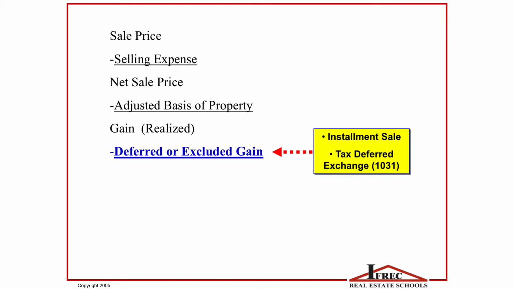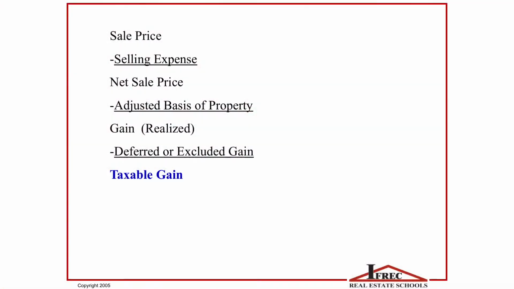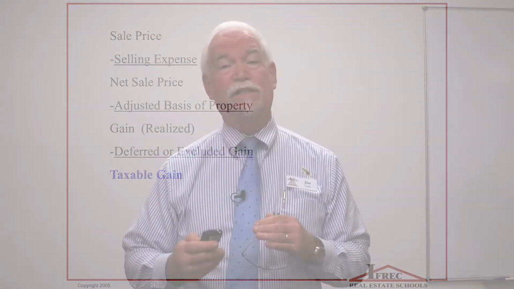More commonly, you will hear people describe it as a 1031. Please tune into other videos to find out more detail about those two particular methods of deferring or excluding taxes on gain. If those are applicable, they're subtracted from the realized gain to leave you with something called the taxable capital gain. And this is the amount to which the tax rates are applied.